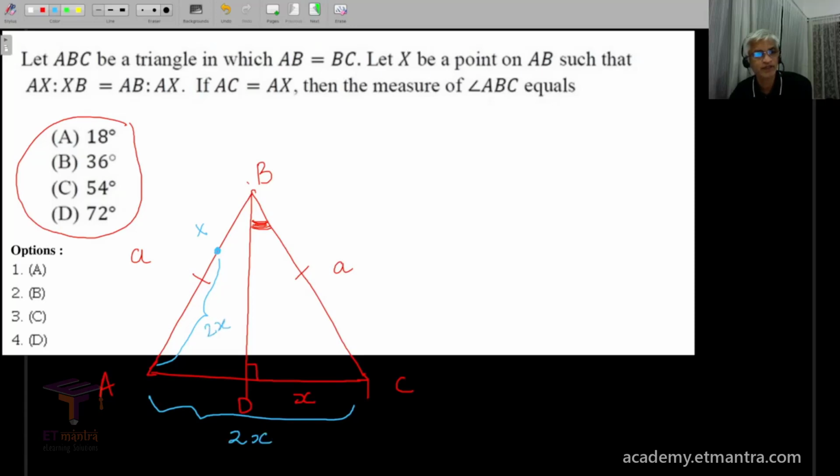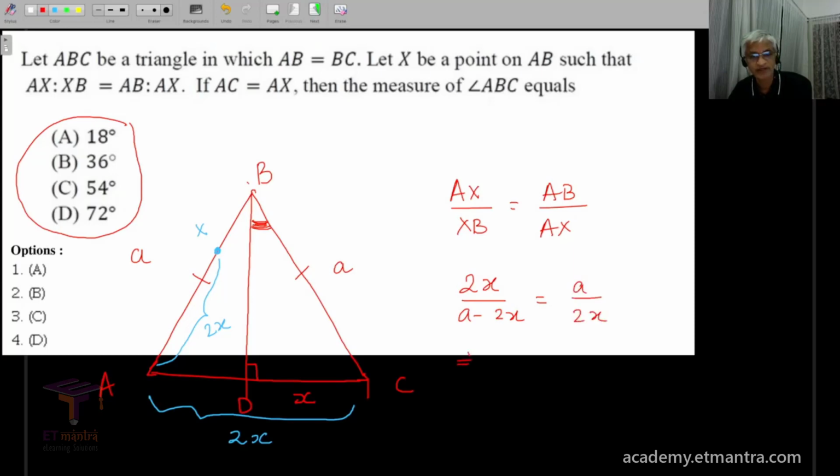So with this sort of labeling, the calculation now proceeds pretty smoothly. So it's given that AX over XB is equal to AB over AX, and now we just substitute all the labels we have taken, and you will end up with a quadratic.